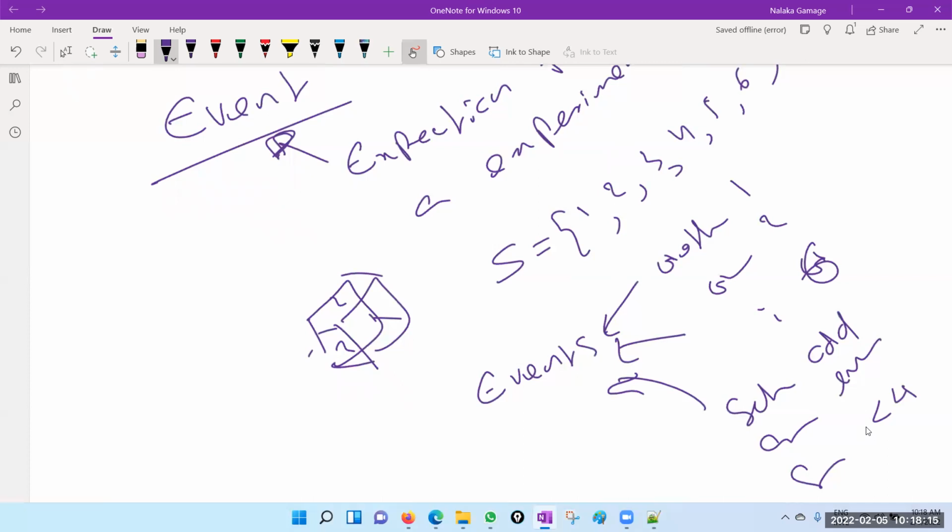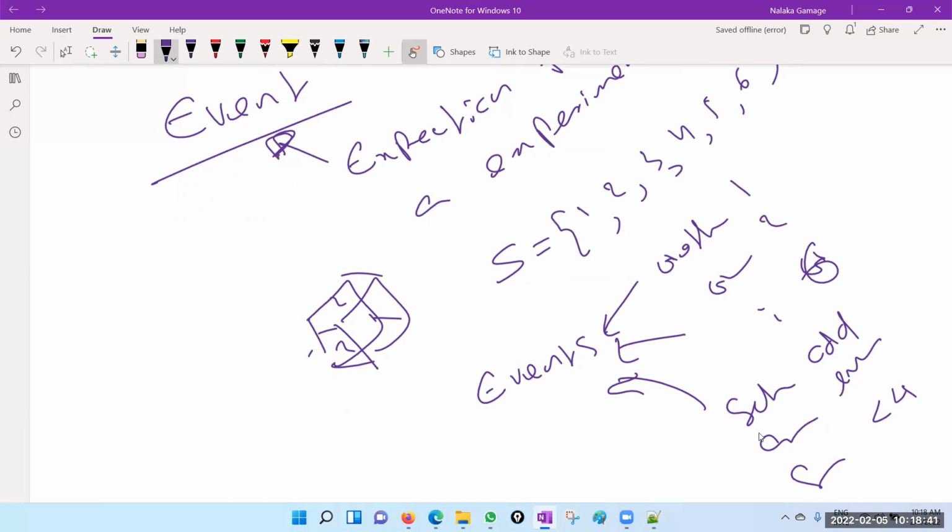Okay. Getting a prime number. Right. So likewise, so there are so many. Getting, not getting 2, not getting 5. That is event. So not getting 5 means anything 1, 2, 3, 4, 6. You can see that there are so many possible events. It's your imagination that determines how many events are.